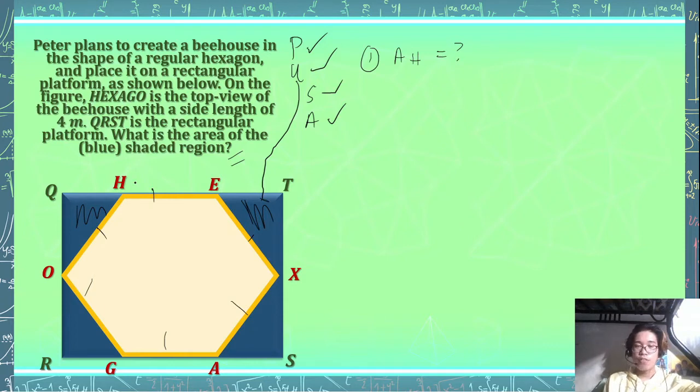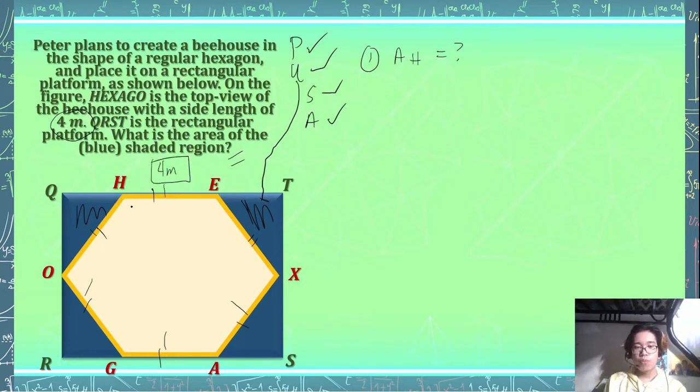There is a method in which you can find the area of a hexagon just by finding the area of one triangle on the hexagon given. And this is not just a normal hexagon, this is actually a regular hexagon. In a regular hexagon, all of its sides are equal. So given on our problem, the measurement of one side of the hexagon is equal to 4 meters.